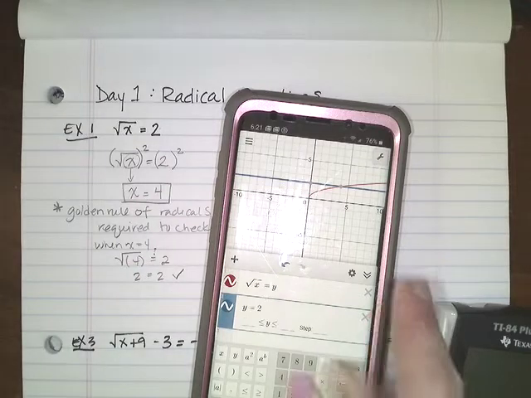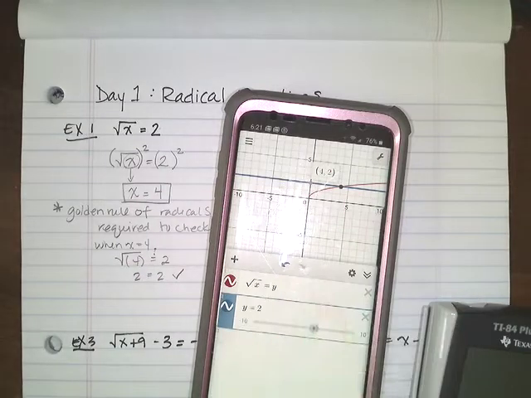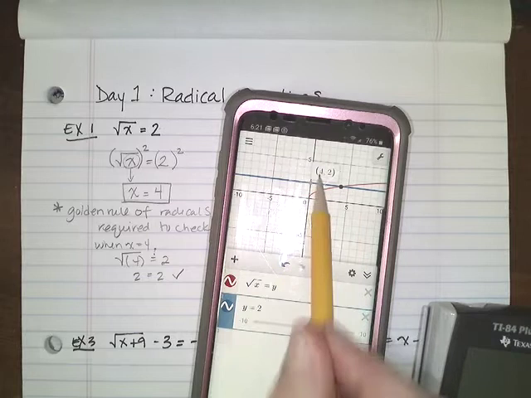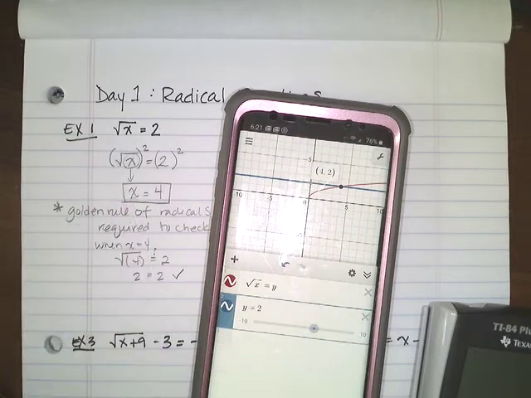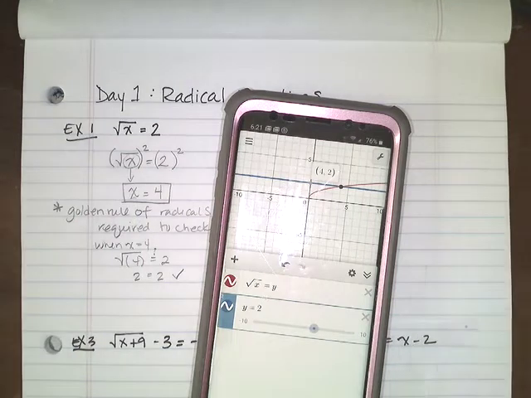Where the 2 points intersect, the x value is what I'm looking for. So there's another way to check. You have to check one way or the other.